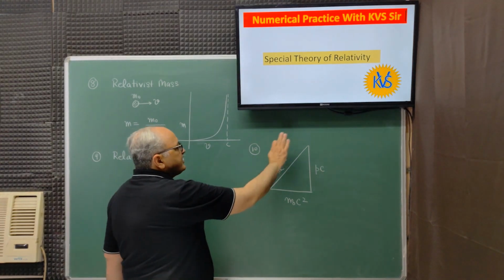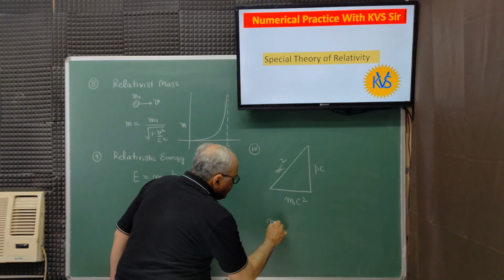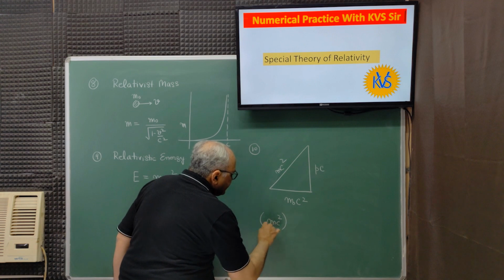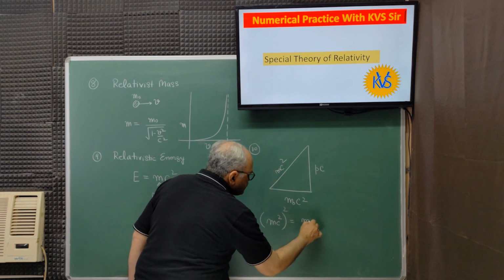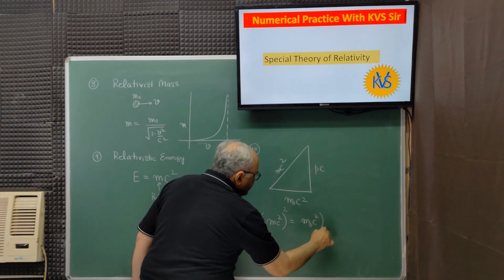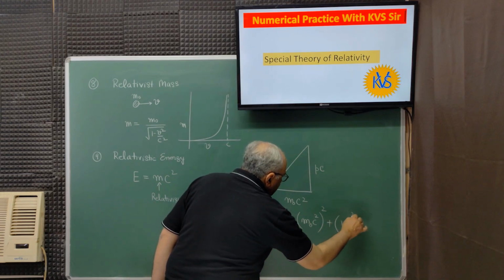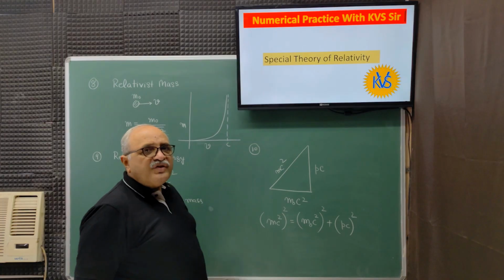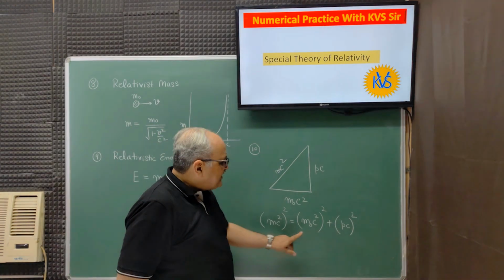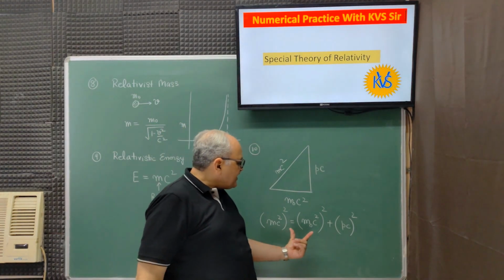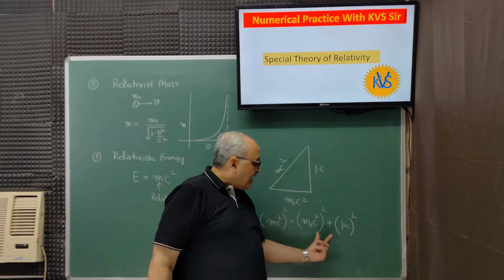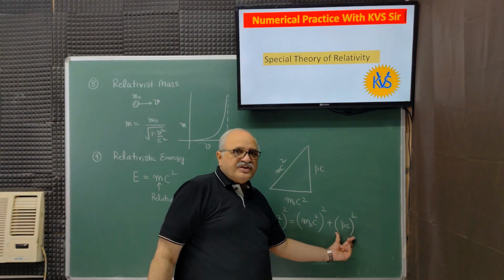Using the Pythagorean pair, we can write (mc square) whole square equals (m0 c square) whole square plus (pc) whole square. So this will help us to get the energy. This is the rest mass energy concept, and this is basically the kinetic energy concept of the particle.